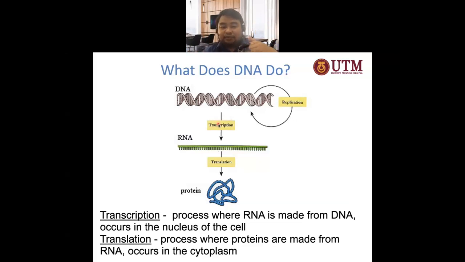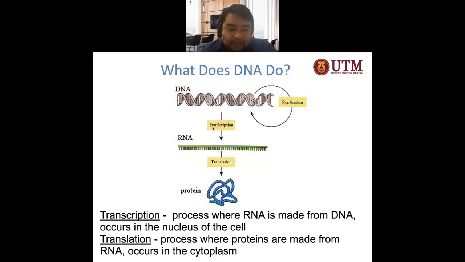Translation is where your RNA is being encoded into protein. Whatever message has been carried by this RNA will be processed by the ribosome under the translation process, and this will create protein. So that's how DNA goes to RNA, goes to protein, by the transcription and translation processes.